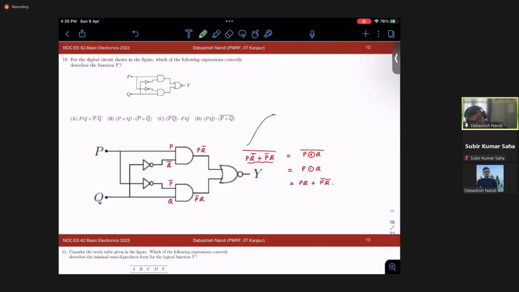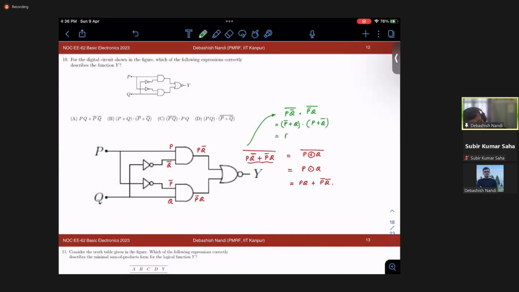Or other way you can do it like that. If you do not remember the XOR gate, you just use simply De Morgan's law. That will be your P Q bar bar multiplied by P bar Q bar. That is your P bar plus Q into this will be your P plus Q bar.